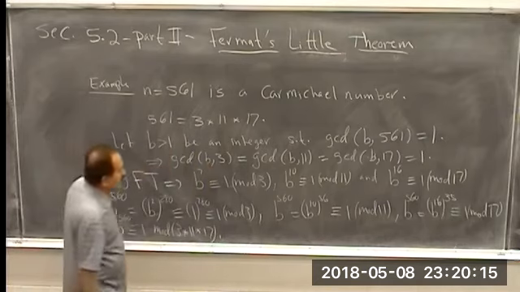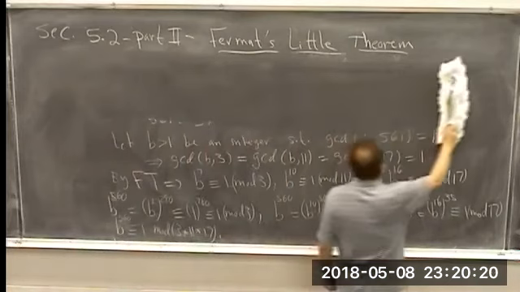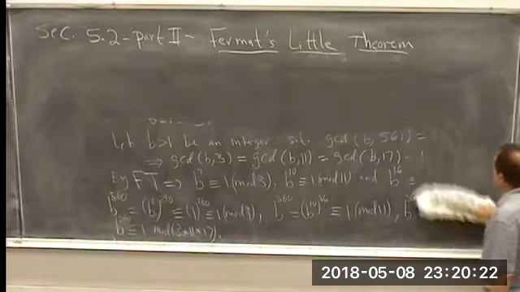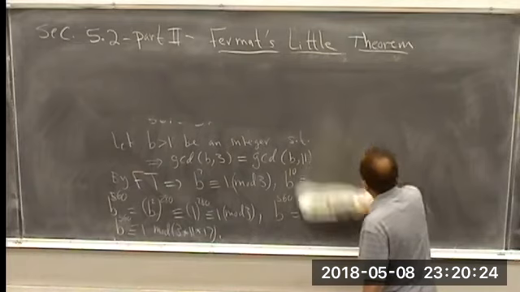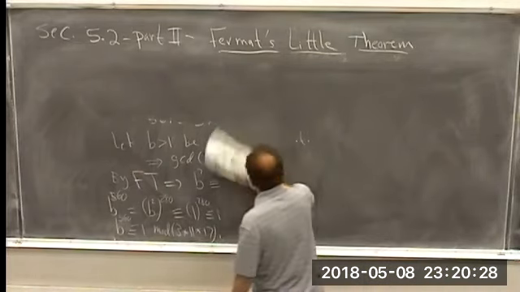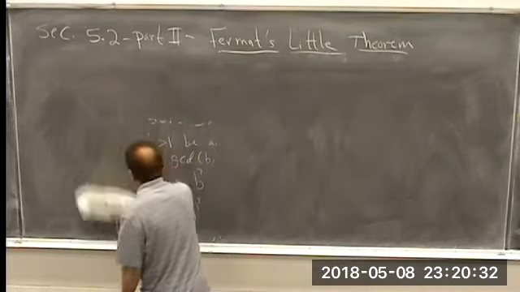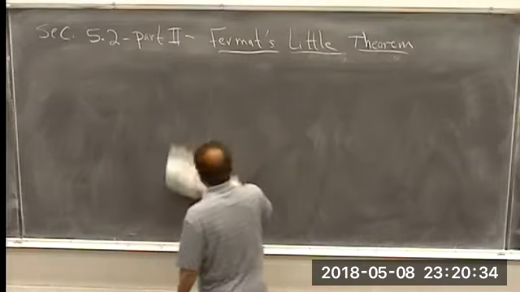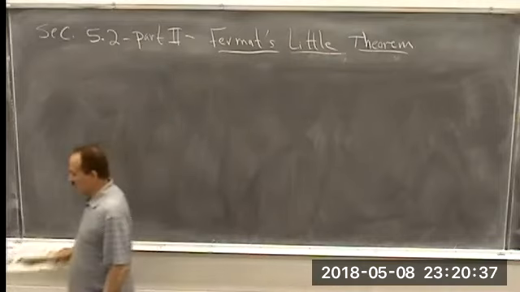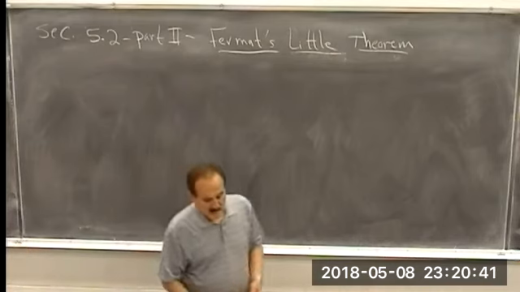All right. Next, I want to prove a couple of properties of Carmichael numbers. The first one says that a Carmichael number is square free, meaning it does not have any square in its factorization, or to be more specific, does not have any repeated prime.